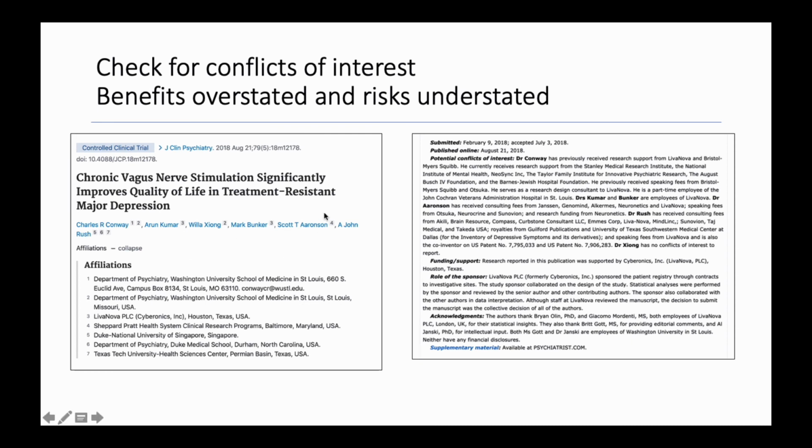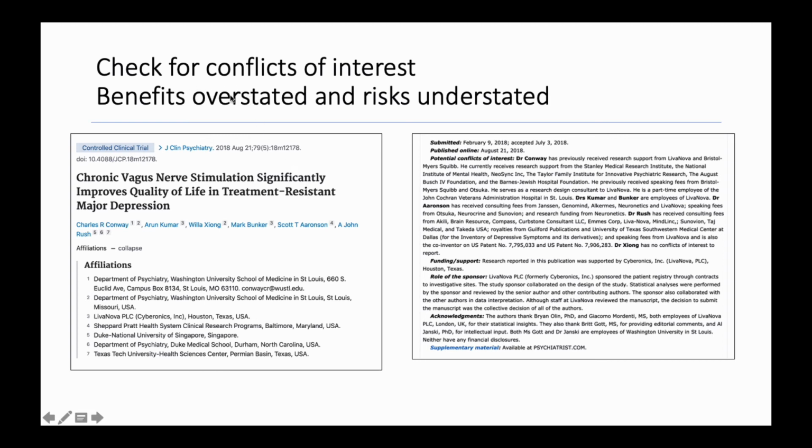One way to discern whether or not what you're reading is of value, it's going to sound perhaps a little paranoid, but I think it's been proved by like 30 years of research, is conflicts of interest. Doctors and scientists write articles about therapy and new drugs, and they often are conflicted, in that they have industry sponsorship.